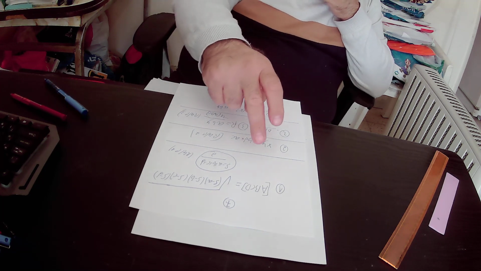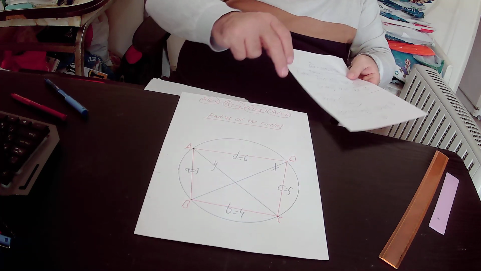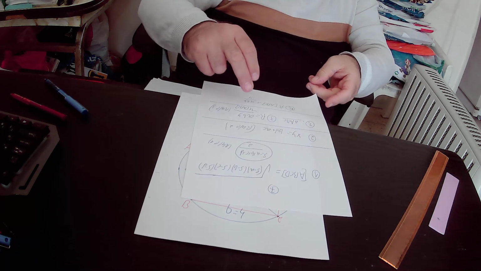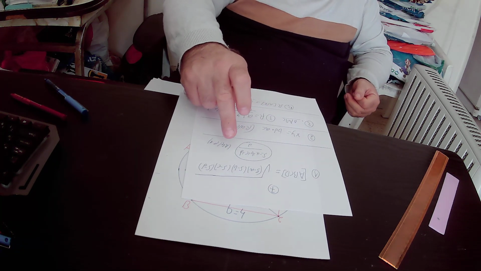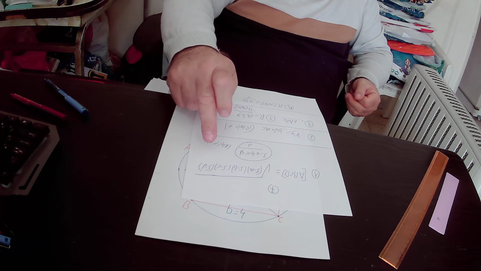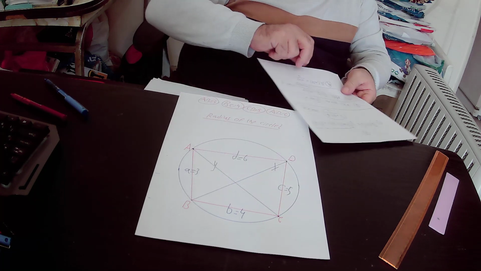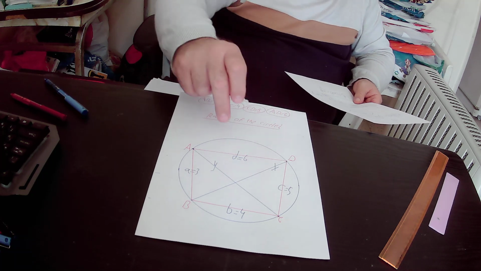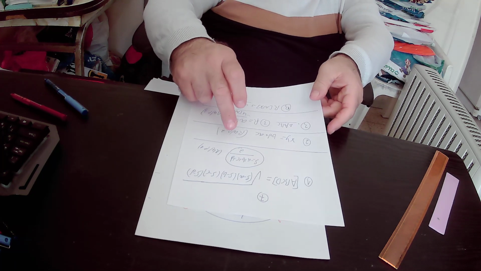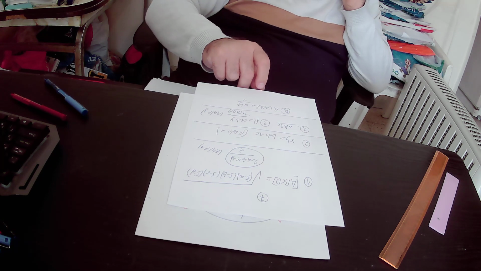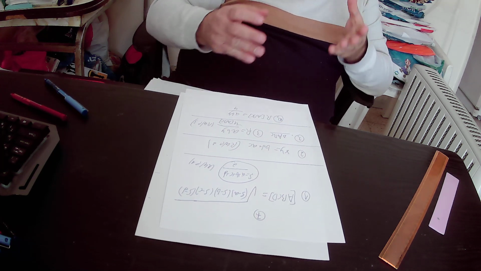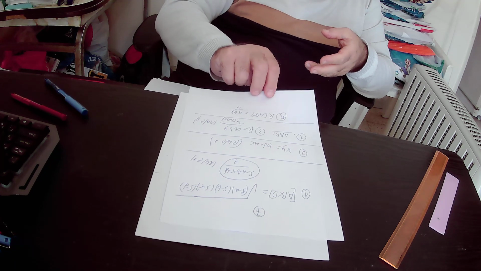According to rule number 1, the area of this quadrilateral ABCD equals the root of (S minus A) times (S minus B) times (S minus C) times (S minus D), when A, B, C, and D are the lengths of the quadrilateral's sides, and S equals (A plus B plus C plus D) over 2. Then I presented to you rule number 2, and we will implement it in our drawing.